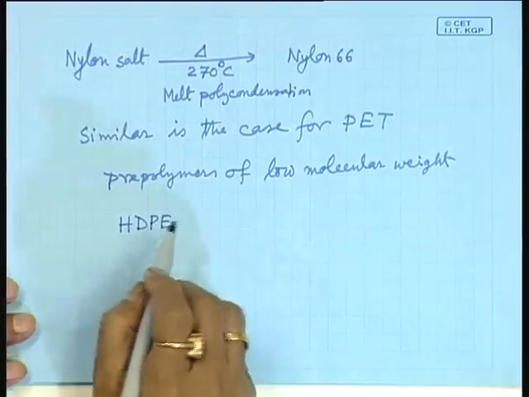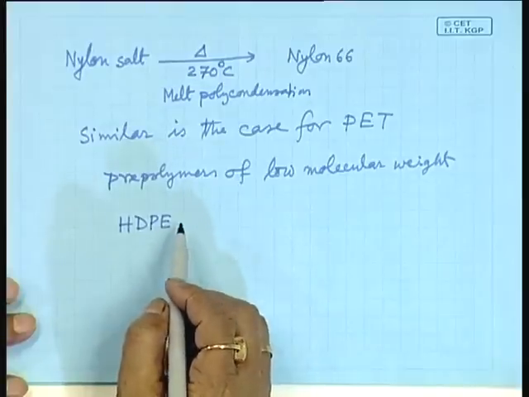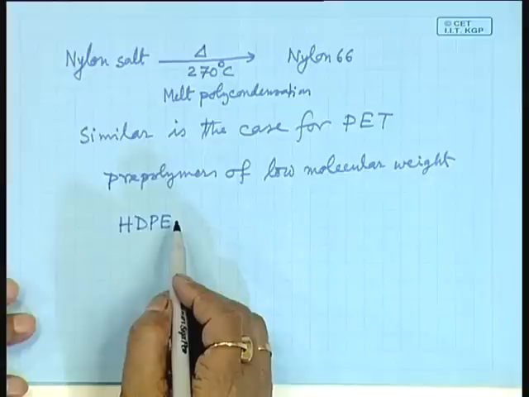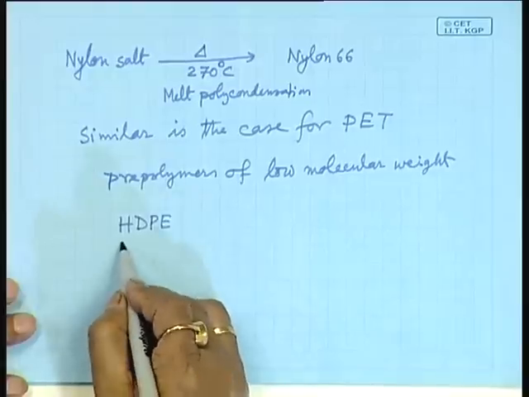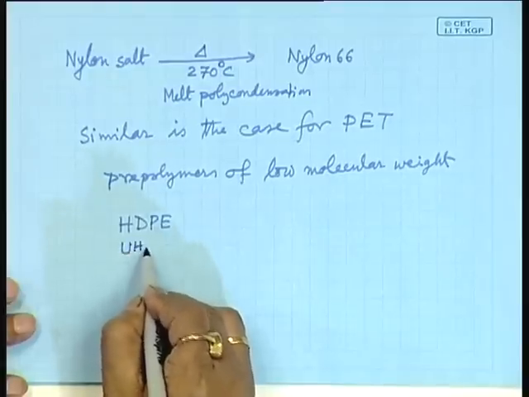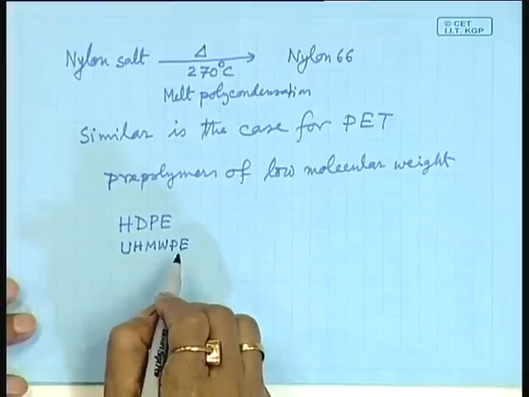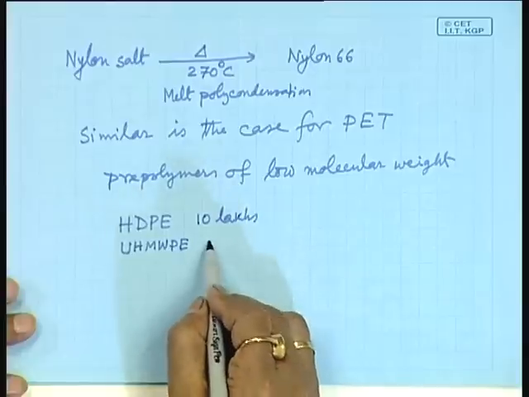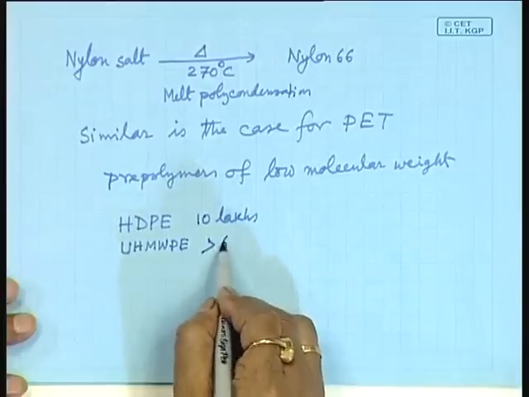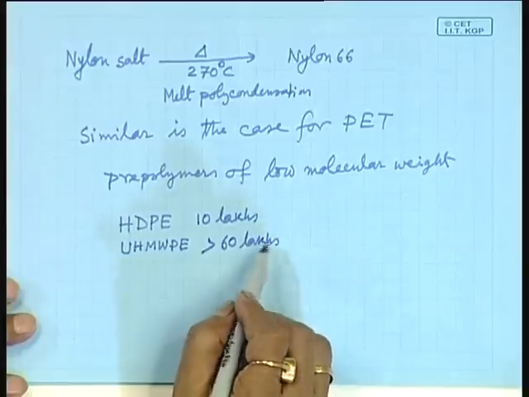What is the molecular weight of HDPE? Say it may be, of course it depends on the branching, say linear polymer. So, HDPE has molecular weight suppose 10,000, it is a rigid polymer, but ultra high molecular weight polyethylene is greater than 60 lakhs, 70 lakhs, 80 lakhs, like that.